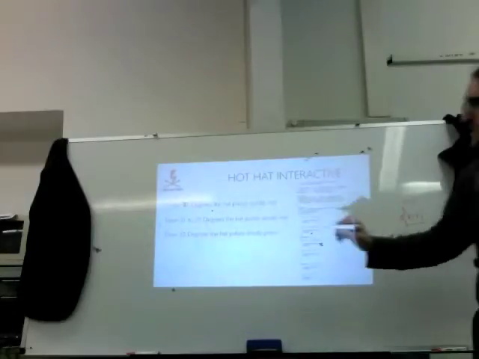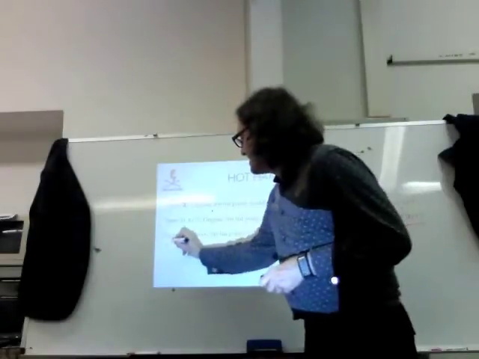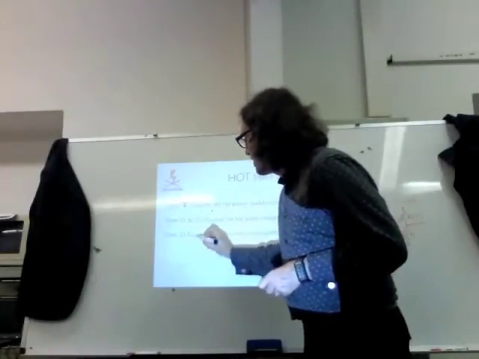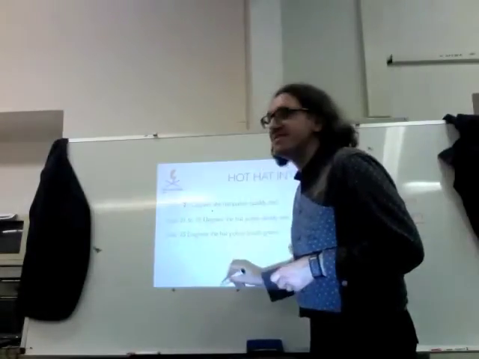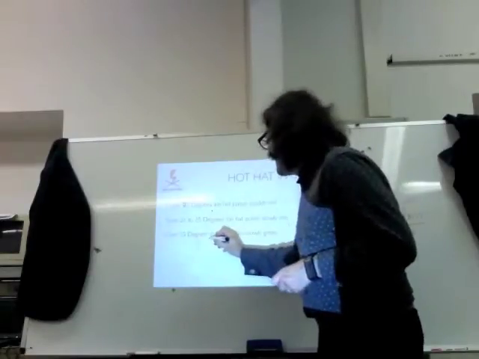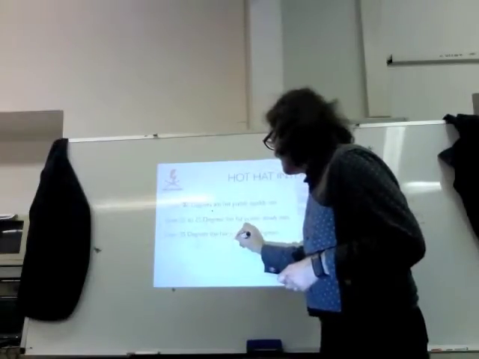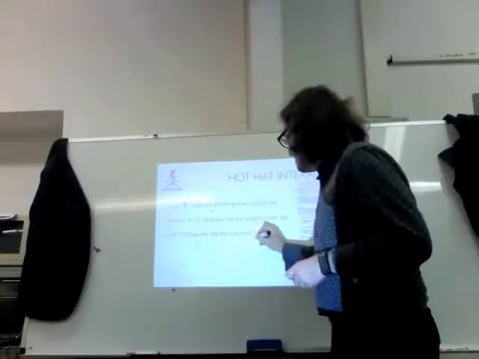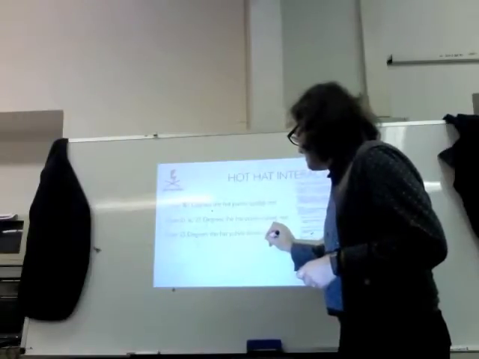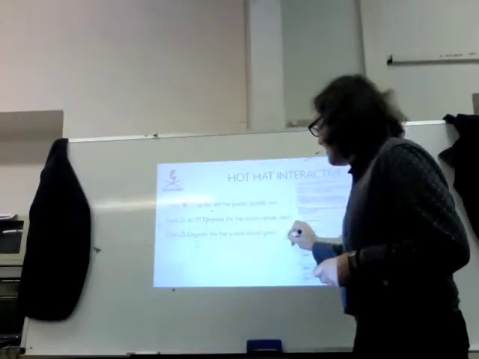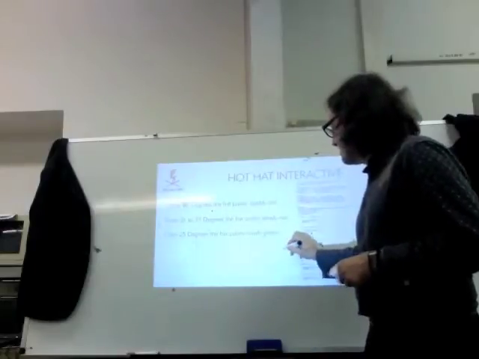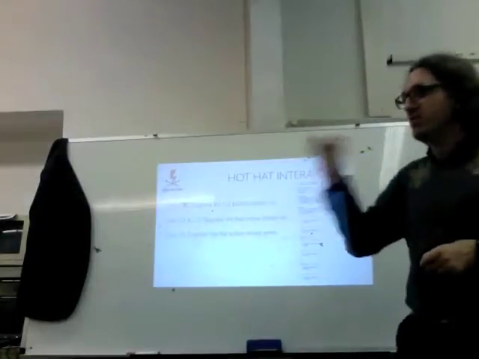How about this? If the hat gets over 30 degrees, so if it gets really hot, the hat blinks green. Green fast. So it's going to blink, blink, blink, blink, blink.